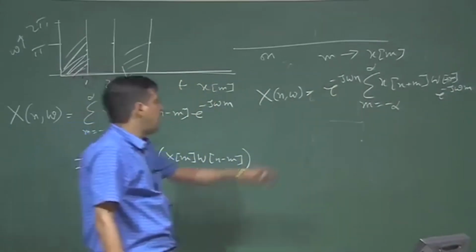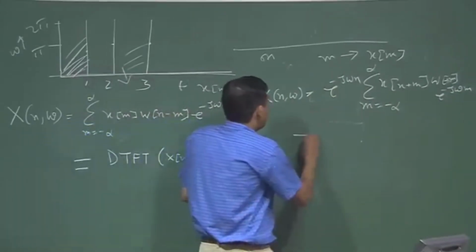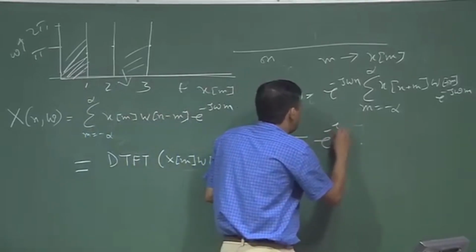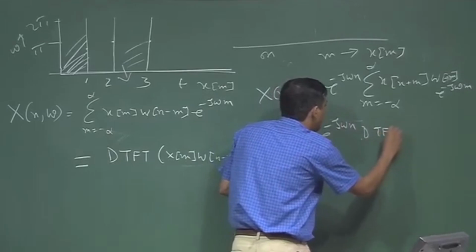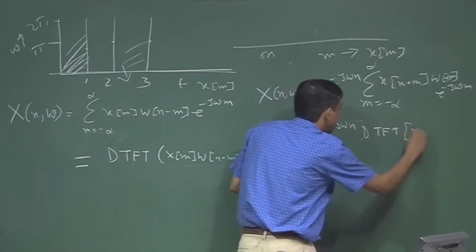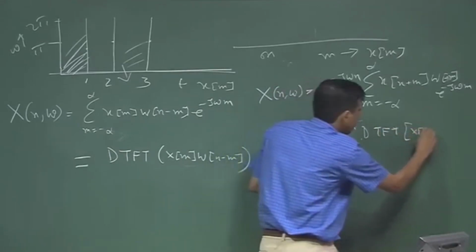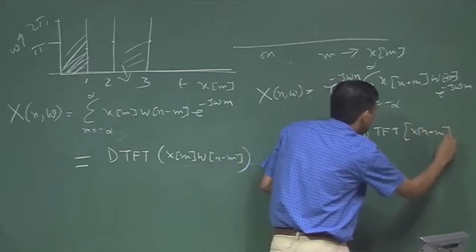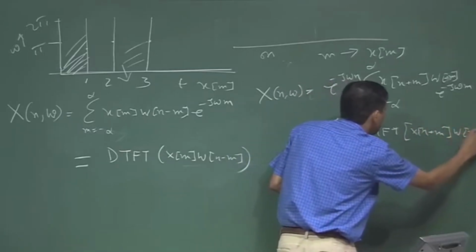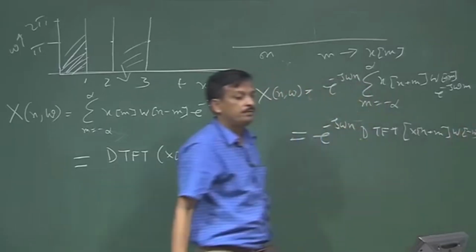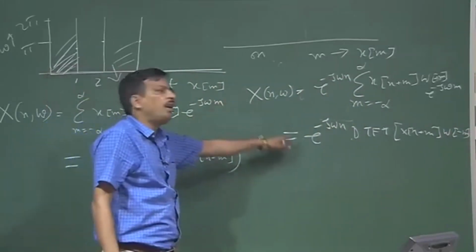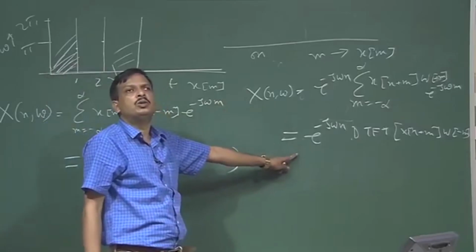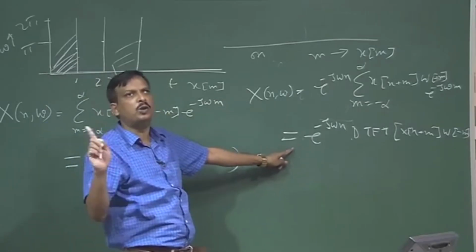In that case, it is nothing but e to the power minus j omega n times the DTFT of x of n plus m into omega minus m. The time origin is tied with the window, so the time is shifting with the window function only.